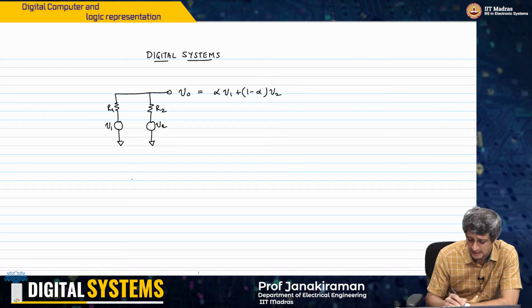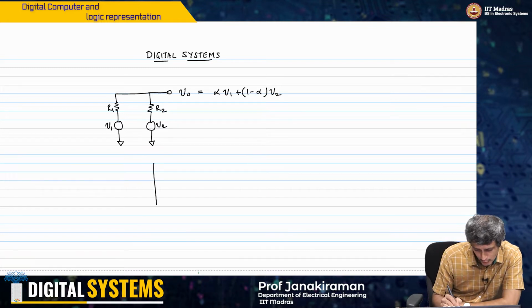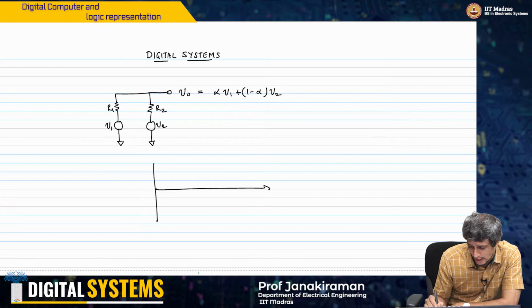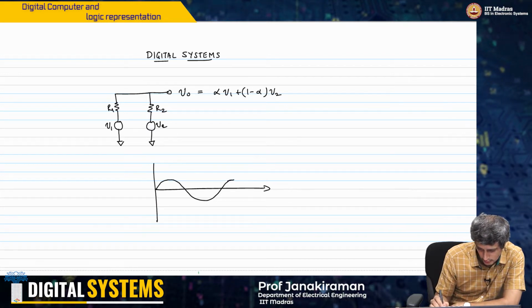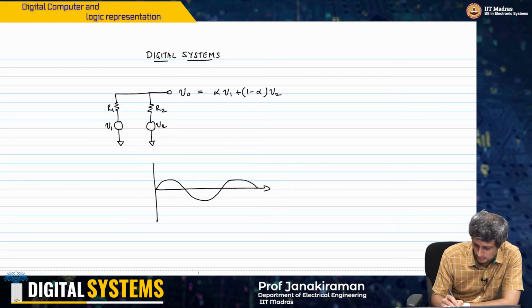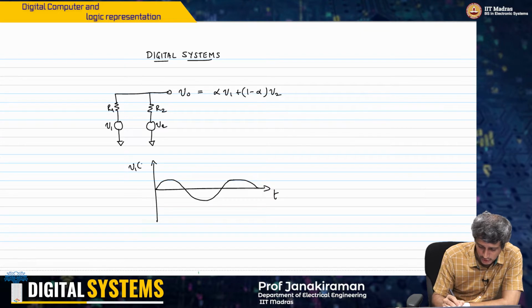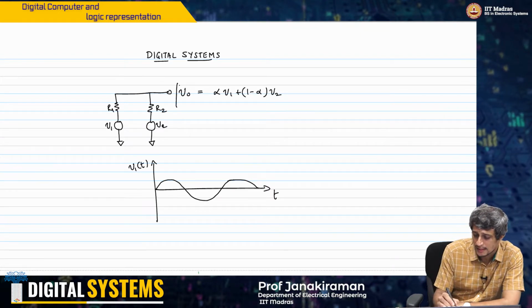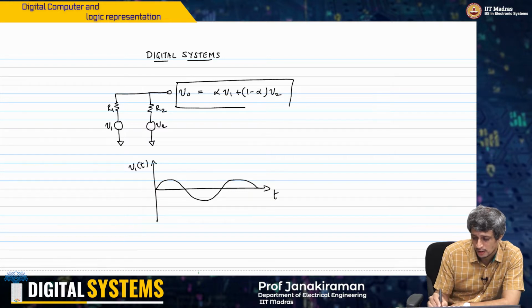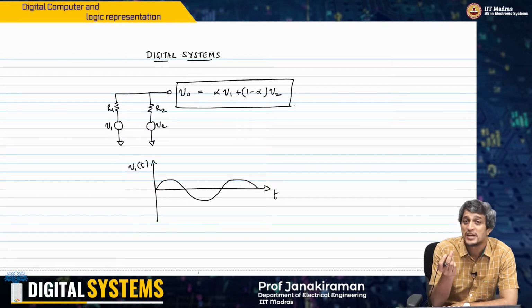What this means is that if you have a time varying voltage like this, let us say a sinusoidal wave or even a distorted sine wave, this is your V1 of t. We are saying that this expression holds for every time instant.